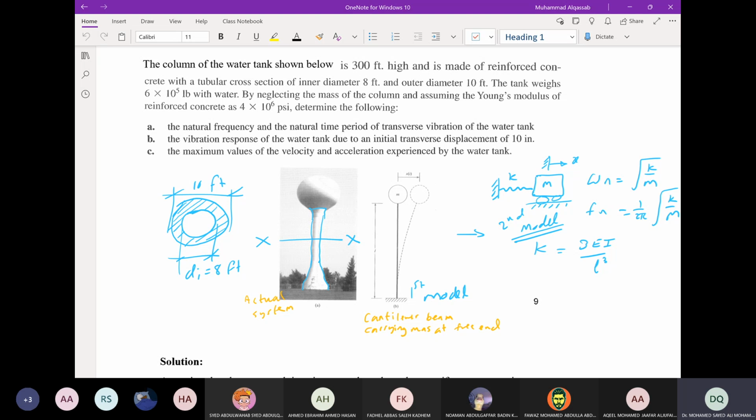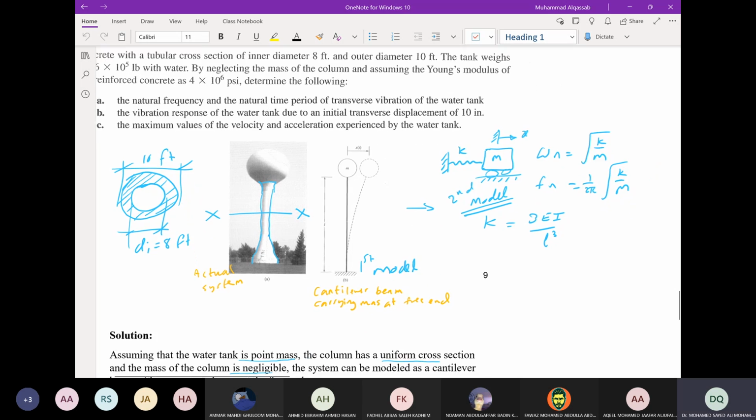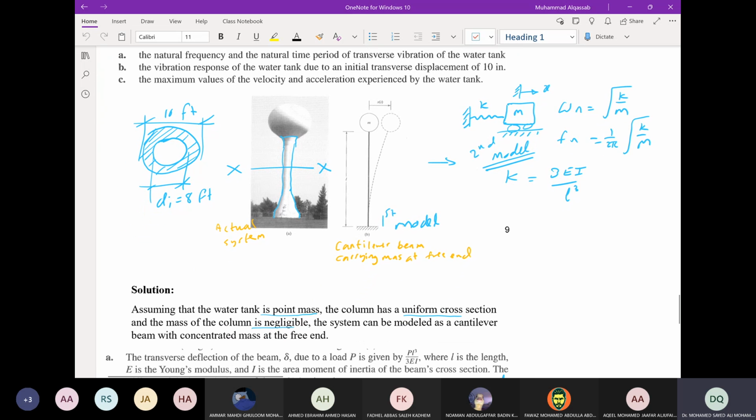Example 3 is about a water tank and column. We model it as a cantilever beam and mass, and then as a spring and mass. So the natural frequency for part A will be omega n equal to square root of k over m, or Fn equal to 1 over 2 pi square root of k over m, and k is 3EI over L cube.